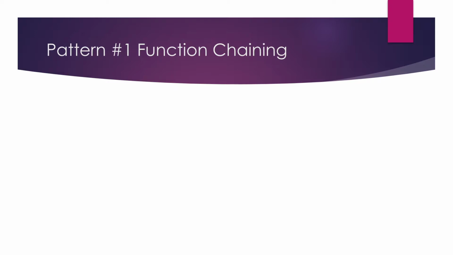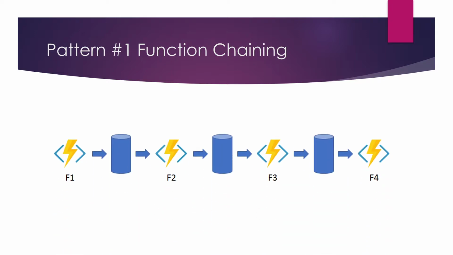So the first thing we're going to talk about is function chaining. This is how function chaining works. This is just when functions are executed in a sequence in a particular order, and then the output of one function is applied to the input of another function. So this is the very basic use case of the first pattern, which is function chaining.